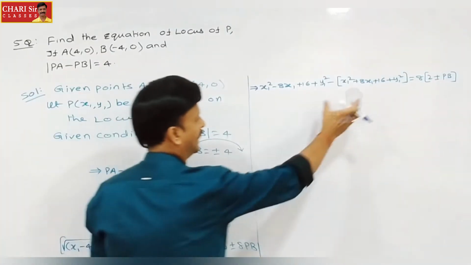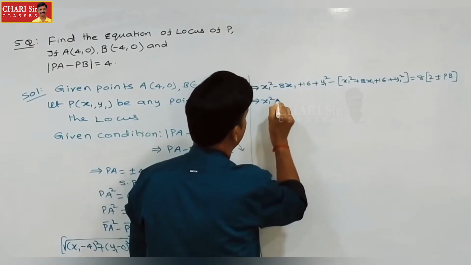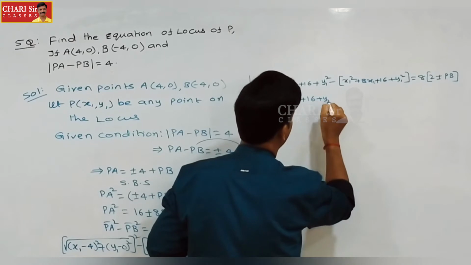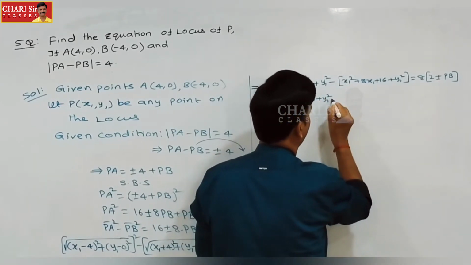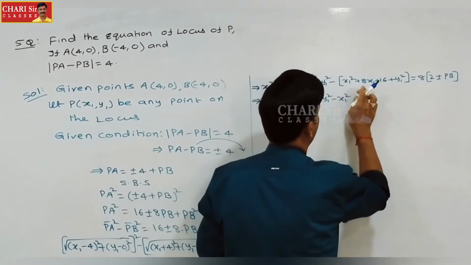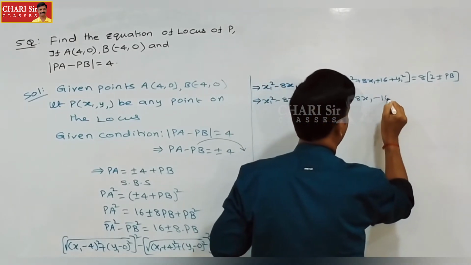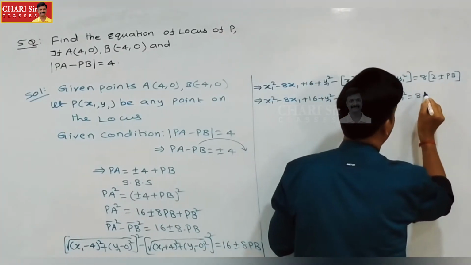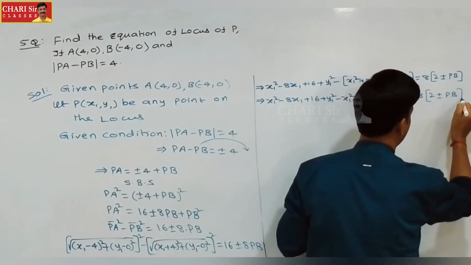Now we open the bracket and simplify more. So that is x1 square minus 8x1 plus 16 plus y1 square, and when you open the bracket, minus x1 square, minus 8x1, minus 16, minus y1 square, is equal to 8 into (2 plus or minus PB).